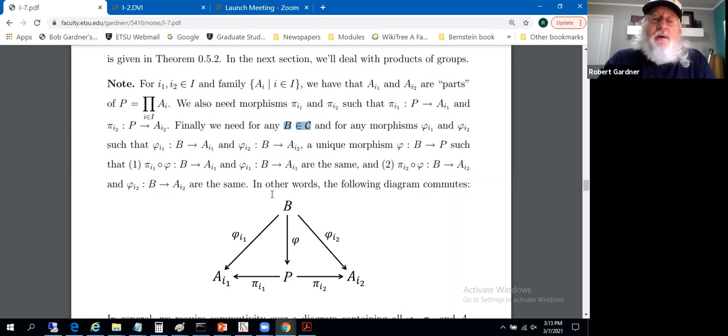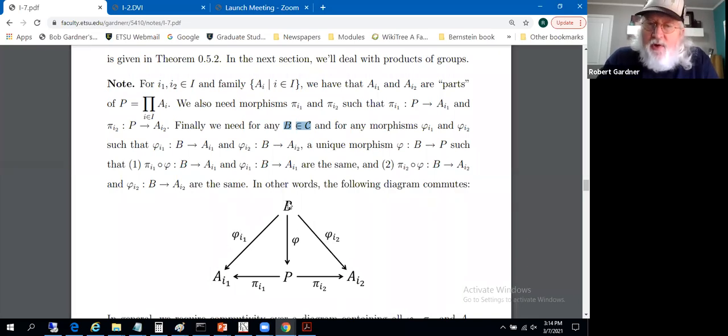And then we've taken an arbitrary object B and a collection of morphisms from B to A i sub 1 and a collection of morphisms to A i sub 2. And we're requiring on that composition condition above that this diagram commute, that B mapped by phi to P and then by pi i sub 1 to A i sub 1 is the same as the mapping from B to A given by phi i sub 1.